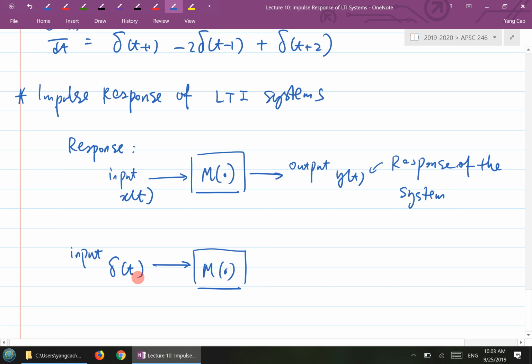When you feed the impulse signal into the system, the corresponding output y of t is called the impulse response. And we use a special symbol. Instead of y of t, we use h of t to represent this special response, the impulse response.